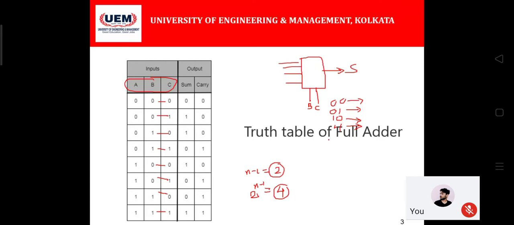Now if you again remember the working principle of a multiplexer, you will find that for the possible combinations of BC, if we just write down the multiplexer truth table, our select lines are B and C. So they can have 4 possible combinations: 0, 0, 0, 1, 1, 0, and 1, 1. You will find that for each possible combination of select lines, we get one input going to the output.